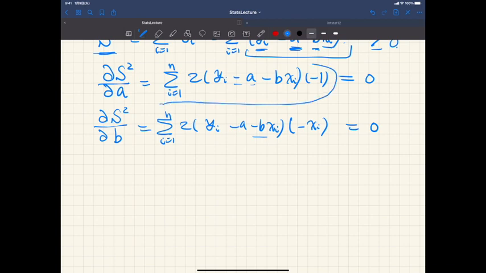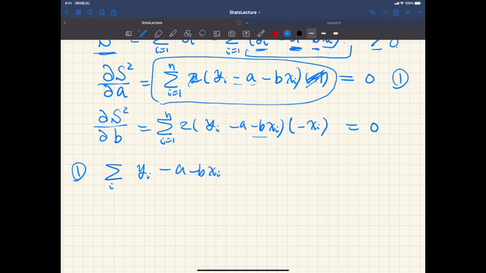So first, this one. Since we are equating with 0, we can just cancel this negative 1 and 2 here. So what we have from the first equation is sum of y_i minus sum of a minus sum of b x_i.